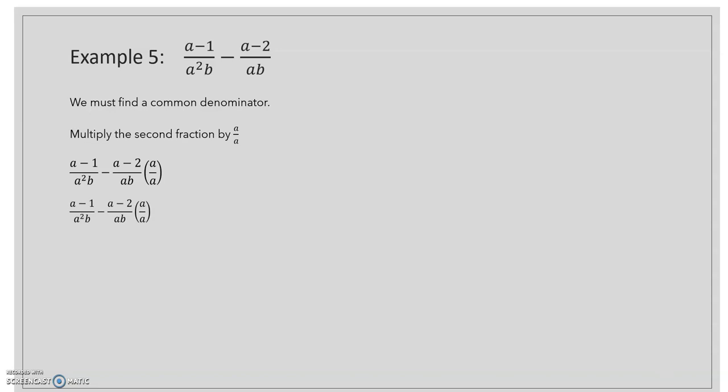A minus 1 minus a times a minus 2 over a squared b. Careful with your signs and your numerator. A minus 1 minus a squared plus 2a over a squared b. It's negative a squared plus 3a minus 1 over a squared b.